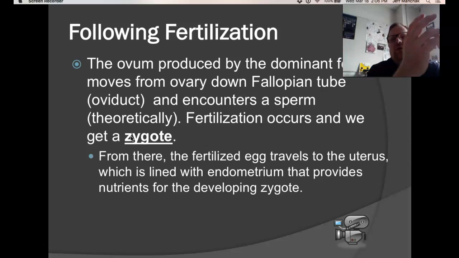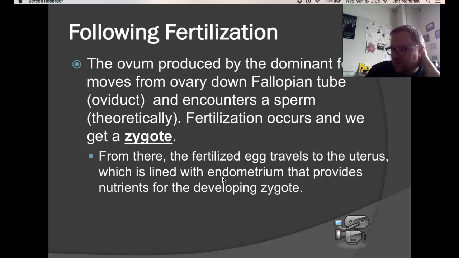Sperm drops off its chromosomes into the egg, and then the egg incorporates those chromosomes as part of its genetic structure and begins to develop into an embryo by the time it implants in the uterus. So from there, that fertilized egg or zygote travels to the uterus, which is lined with the endometrium, and then that little zygote implants into the endometrium and begins to develop as an embryo and then ultimately a fetus.